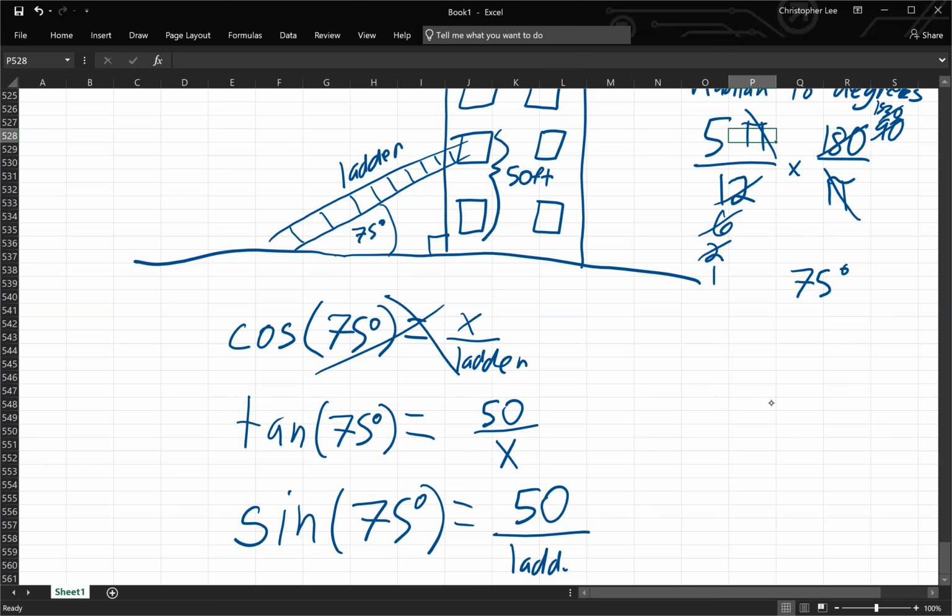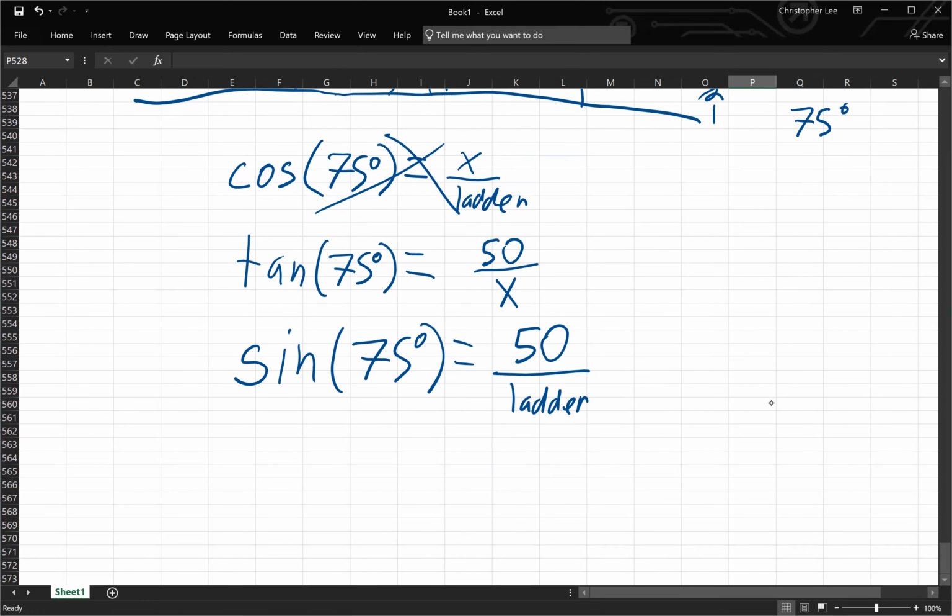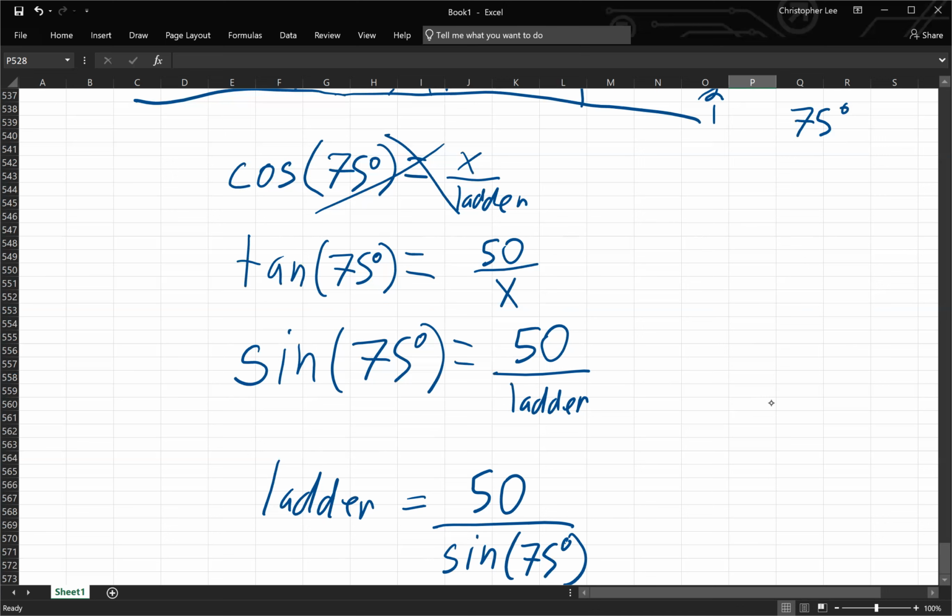That's it. And then just solve for ladder. You kind of just switch them. So the ladder's length is equal to 50 divided by sine 75. That's it. The rest of it is calculator. Y'all could do that.